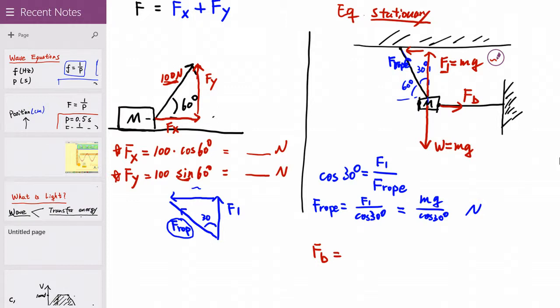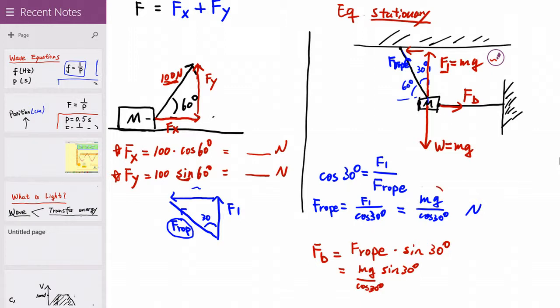Not for horizontal, for the opposite component. So that's sine if you do your trigonometry. So you have F rope times sine 30 degrees, where F rope is this, sine 30 degrees divided by cosine 30 degrees.